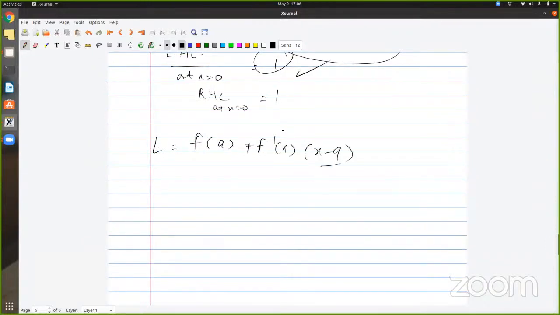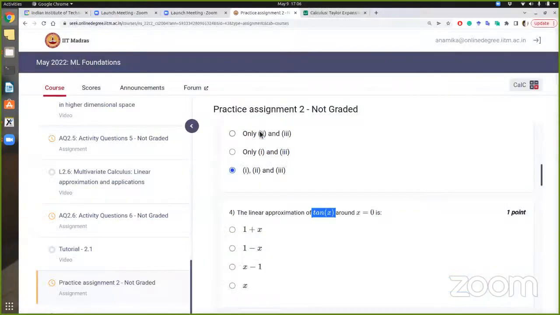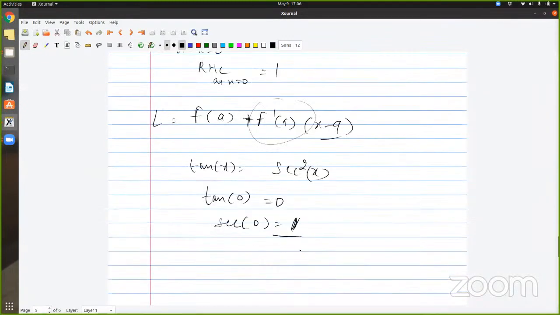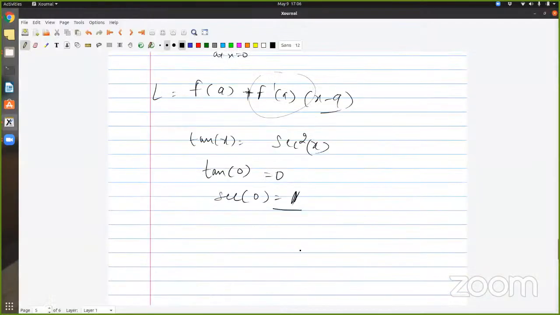So all that you need is the derivative and put the right values. Derivative of tan x is equal to secant square x, okay? And tan 0 is equal to 0 and secant 0 is equal to 1. Can you put in the values and tell me the equation of the linear approximation? Yeah, we need the equation.